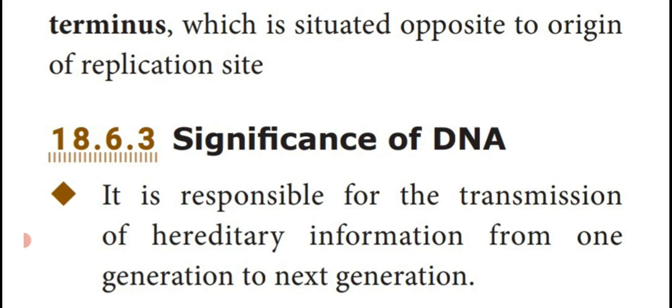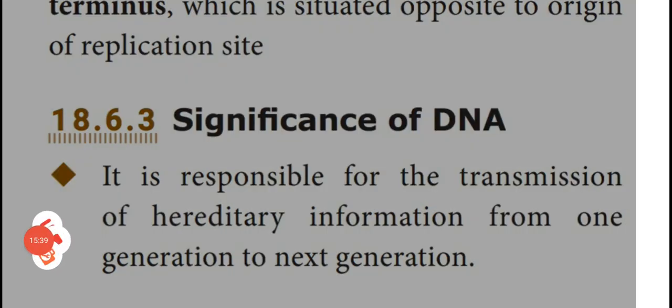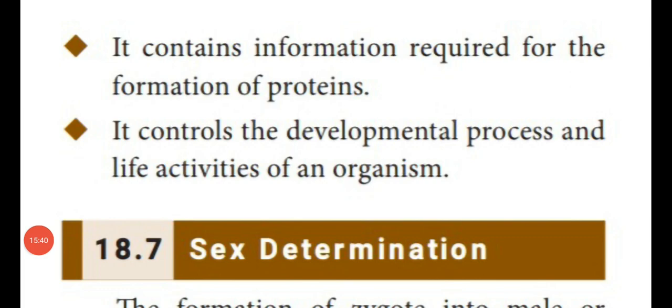Dear students, significance of DNA. DNA only contains the genetic material, that is the gene. The genes carry and transmit parental characters from one generation to another generation. That is the first advantage, significance or use of DNA. Dear students, this DNA contains the information required for protein formation.